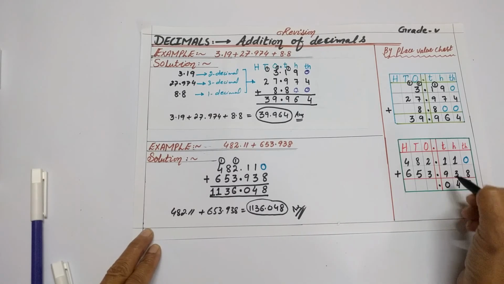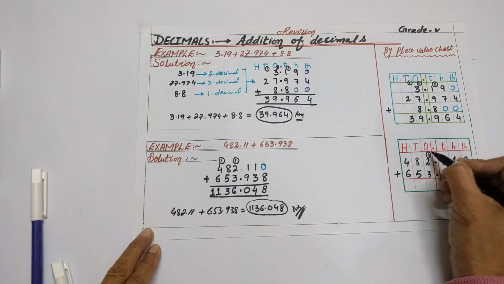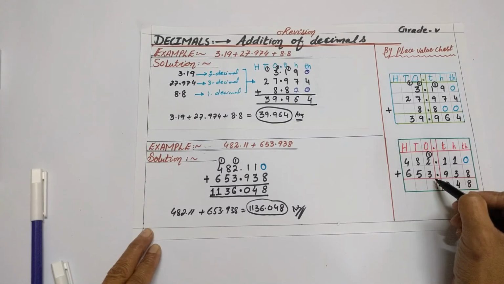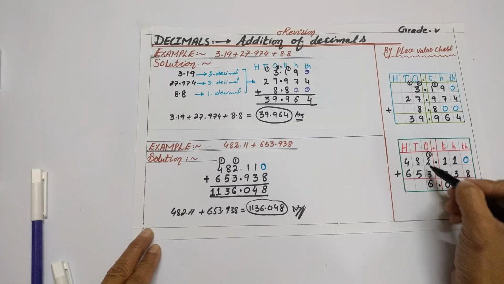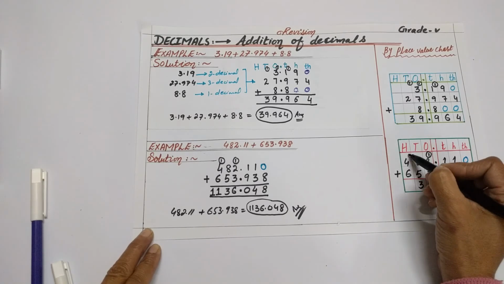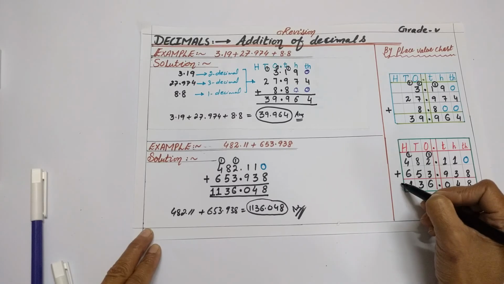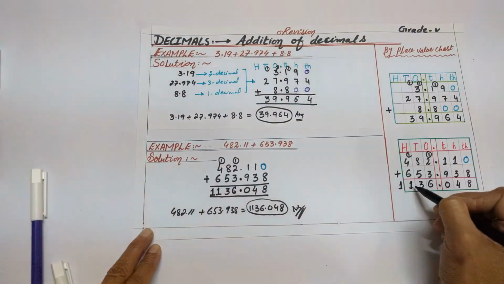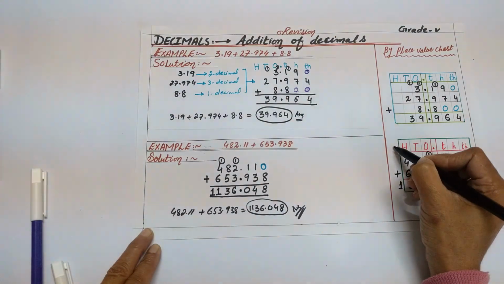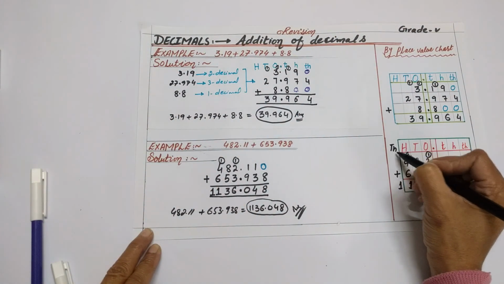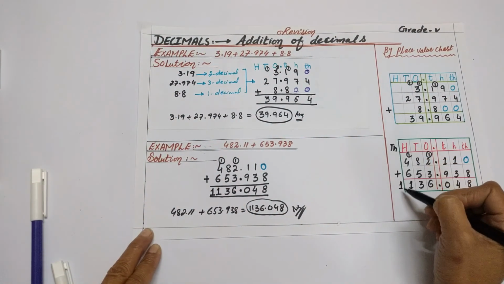The carry will be given to the ones place. 3 plus 2 is 5, 5 plus 1 is 6, 8 plus 5 is 13, 1 carry. 6 plus 4 is 10, 10 plus 1 is equal to 11. Now this one is actually the thousandths place. This one will be under the thousandths place.